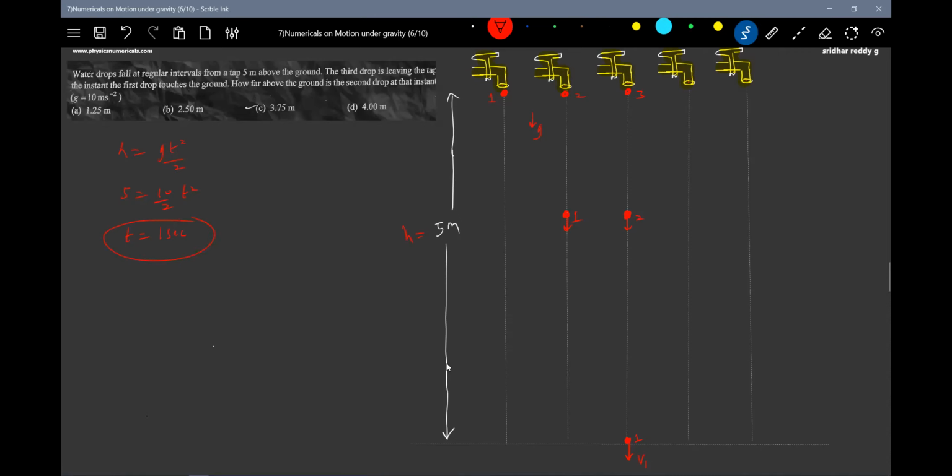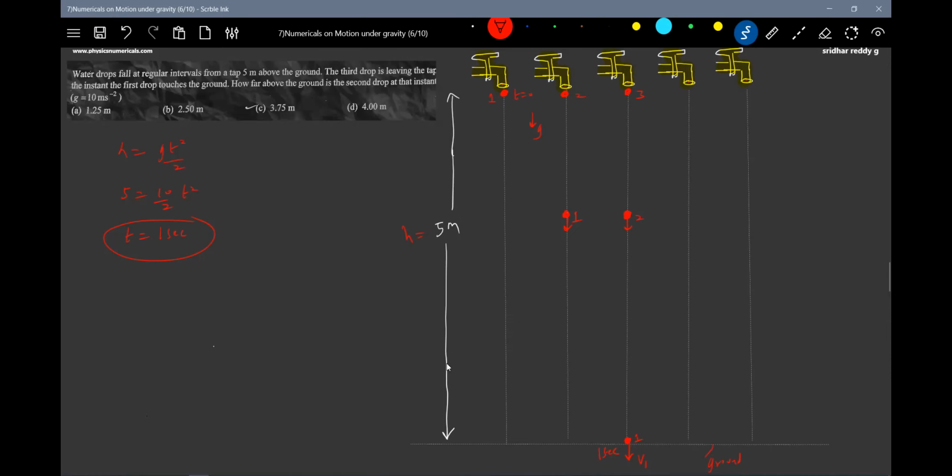So after 1 second, from t equal to 0, the first drop will go and strike the ground. Able to get this?